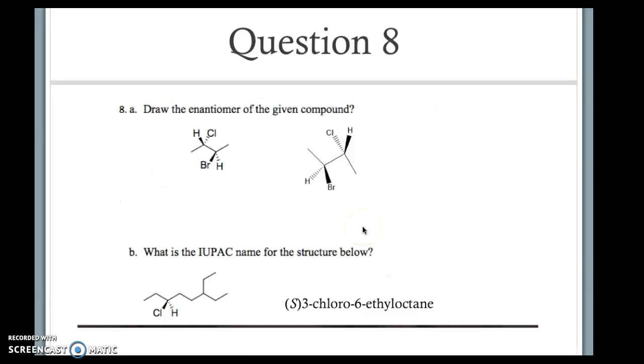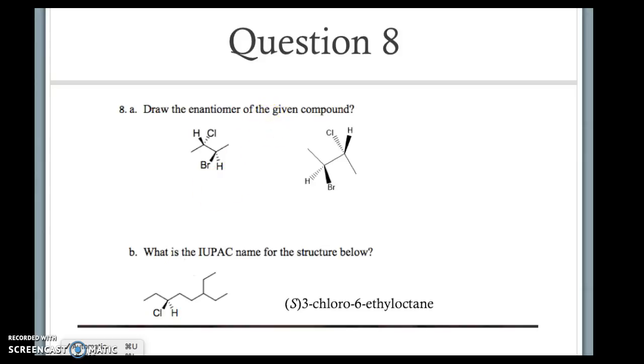Next, we need to draw an enantiomer of the given compound. So one thing that we need to remember is that an enantiomer is a mirror image, but it doesn't align. It is not superimposable upon each other. These are supposed to be considered chiral, but they do not contain a plane of symmetry.